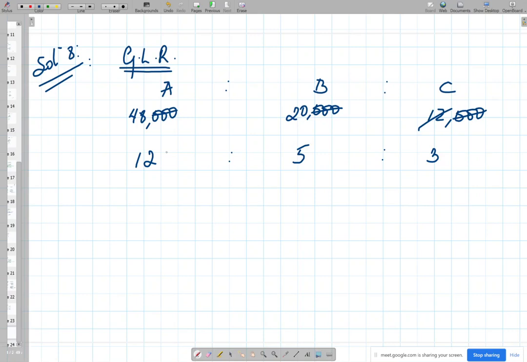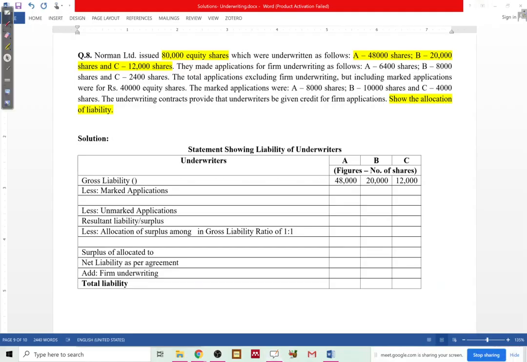Try to reduce this as much as possible. 12, 5 and 3 cannot again be divided by the same number, right? So 12 is to 5 is to 3 will be the gross liability ratio. So always calculate and keep it there so that all your other calculations from now on are simplified. If you want to calculate unmarked applications, you can quickly do it in the gross liability ratio.